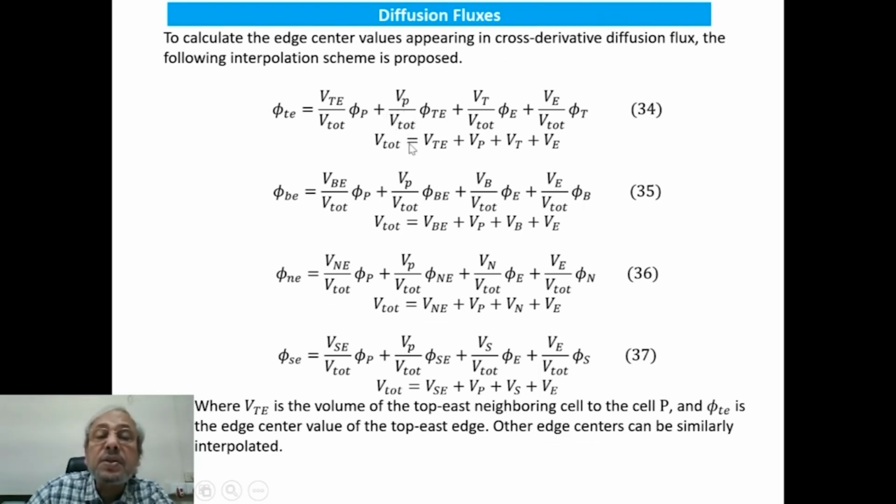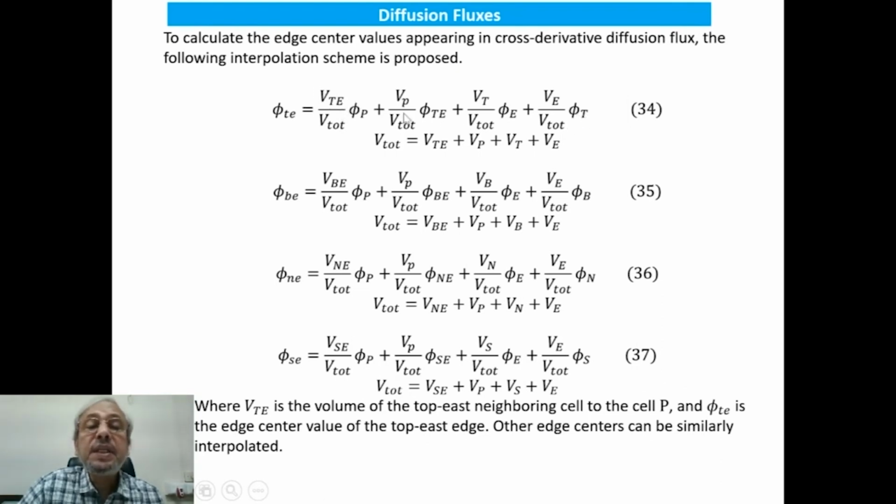We'll just define what is total volume, into phi T. Phi T means the eastern neighbor of the top cell above cell P. Its center is T, phi T. VT, again volume of the top cell divided by V total into phi at the center of the eastern cell. Again VE, volume of the eastern cell divided by V total into phi T, that means phi at the top cell above P cell.